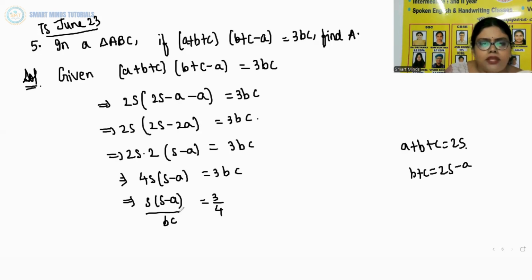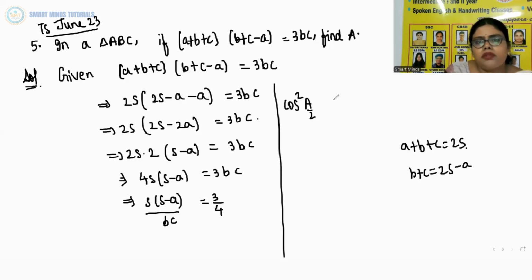Now S into (S minus a) by bc is the formula for cos square A by 2. That is 3 by 4. So if we remove the square from the left hand side, we need to write square root on the right hand side. So cos A by 2 is equal to root 3 by 2.